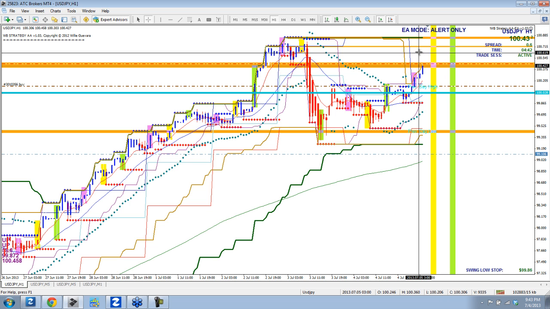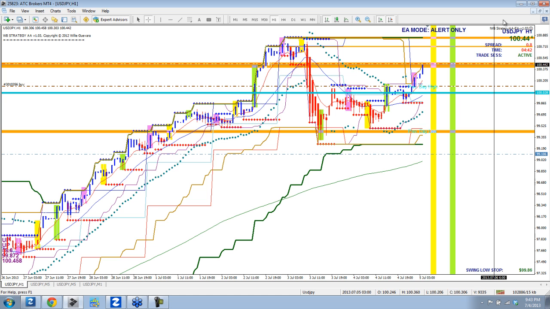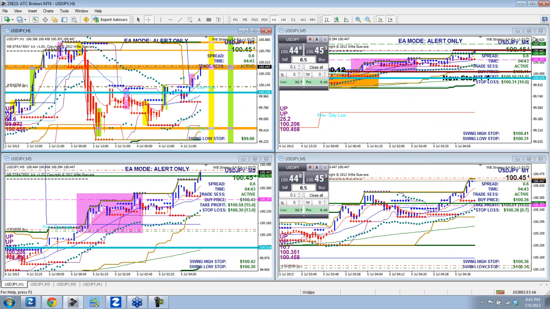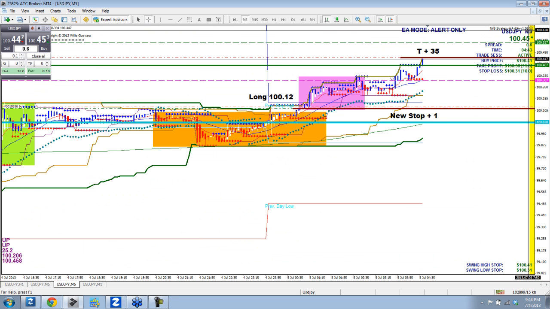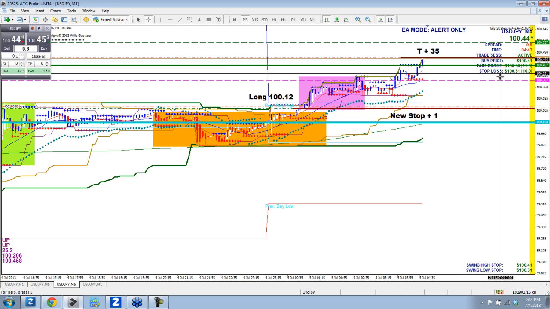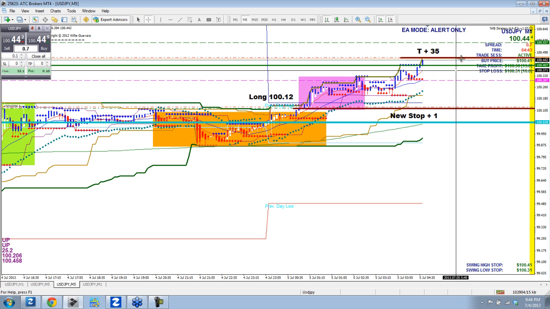We're approaching that, and the next target will be 100.71. Then I use the 15 and the 5 minute to identify the entry, and I also look at the 1 minute to refine the entry as well as the exits.